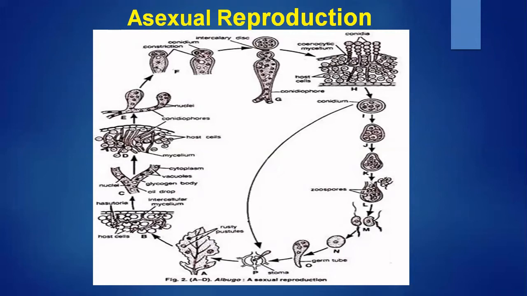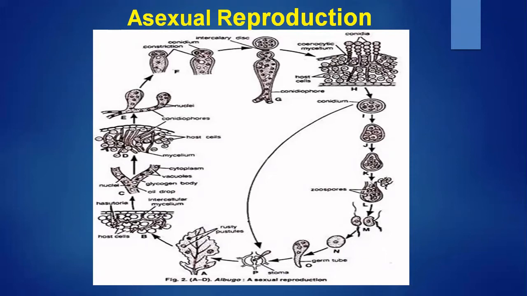Why these three? There is a variation. From the tips of these conidiophores or sporangiophores, if conidia develop, it is known as conidiophore. If sporangia develop, it is known as sporangiophore. From the tip you can see long basipetal chains of conidia or sporangia developing. What is basipetal manner?